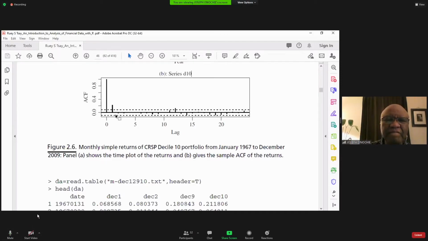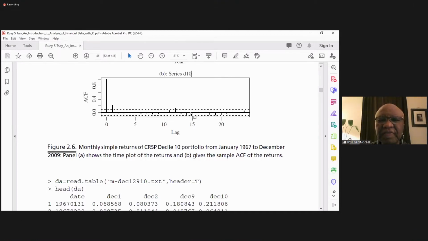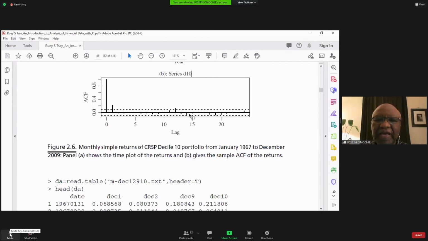No. At lag 2? Yes. At lag 3? Yeah. At lag 4? Yeah. At lag 5? Yeah. At lag 6? Yep. At lag 12? No. At lag 14? Is it statistically equal to 0? Yeah, it's right on the boundary. Yes, it is statistically equal to 0.